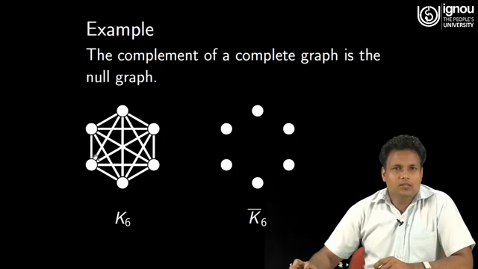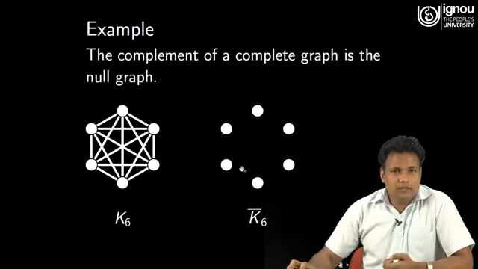So, there is no edge missing here, all the edges are present, and therefore in its complement, that is K6 bar, there is no edge. All the vertices here are isolated. In fact, for any complete graph, the complement is a null graph.